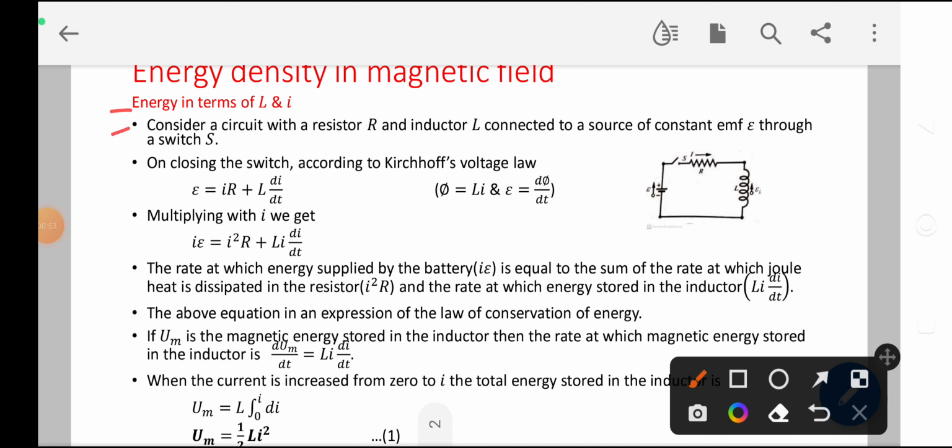Consider a circuit with a resistor R and an inductor L connected to a source of constant EMF epsilon through a switch S. So it is a diagram.